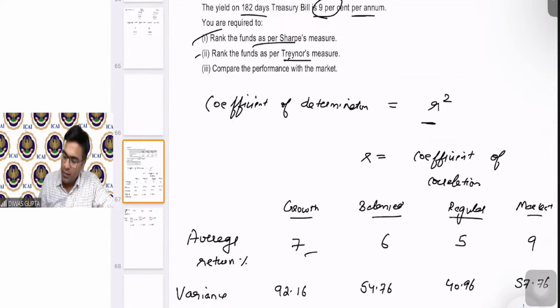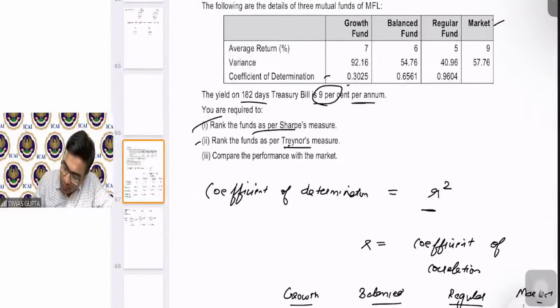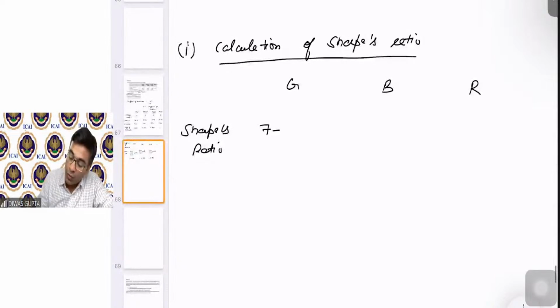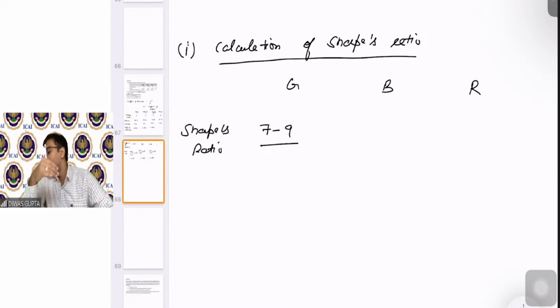Correct? What is the treasury bill risk-free rate of return? 9%. So students, please note already there is no excess return. There is a short return. Because in the market, the risk-free securities are yielding at 9%.